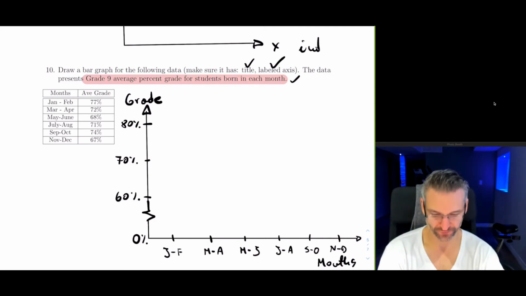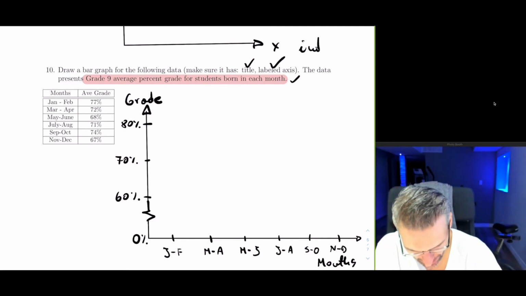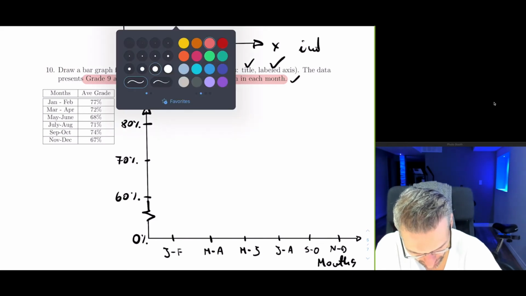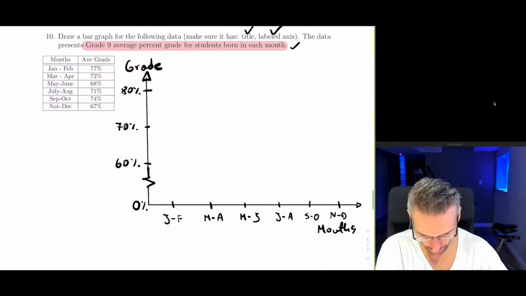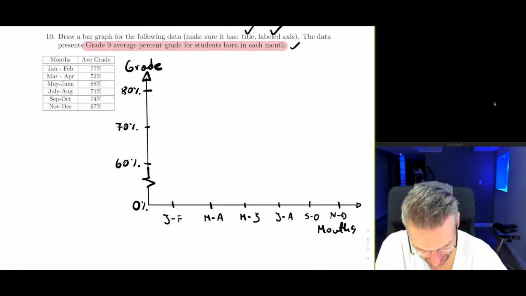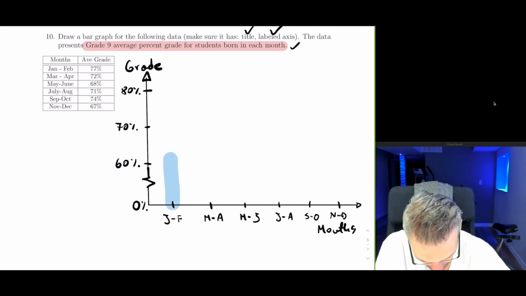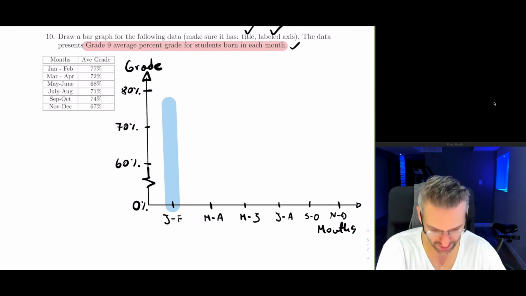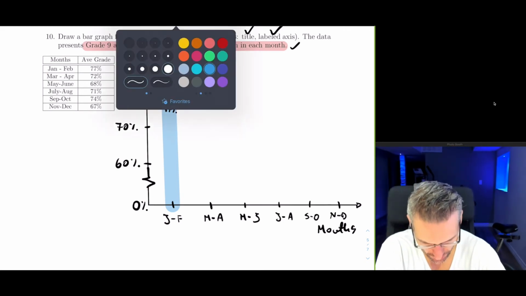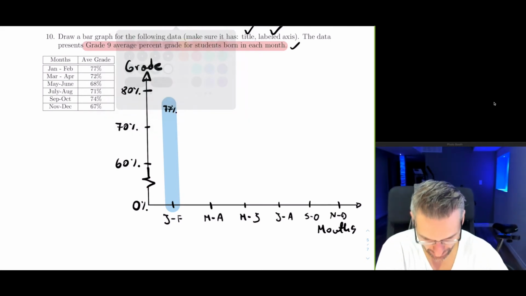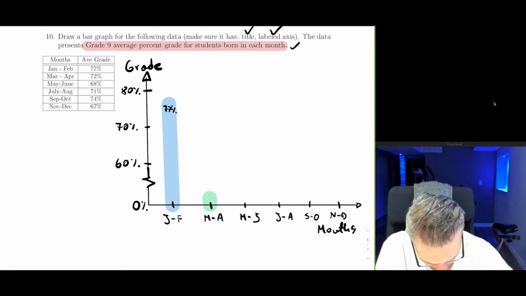Now let me label them. This is the beauty of having this tablet. So for this one, January, February, 77%, and it's a bar graph. I'm going to nicely swing it back here. So that's, let's say, 77%. Then I'll change the color. 72%, so here.